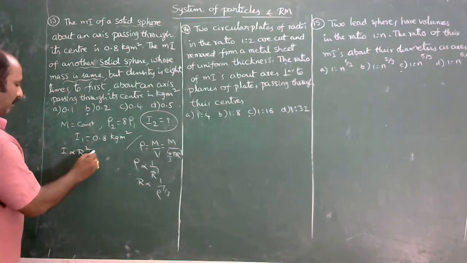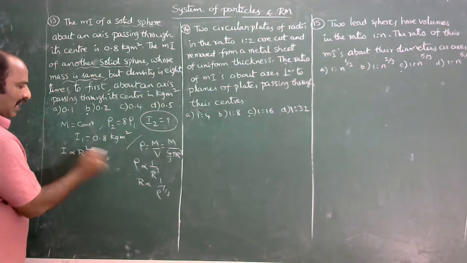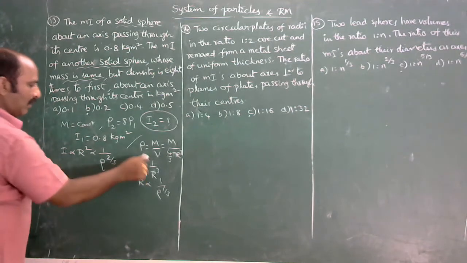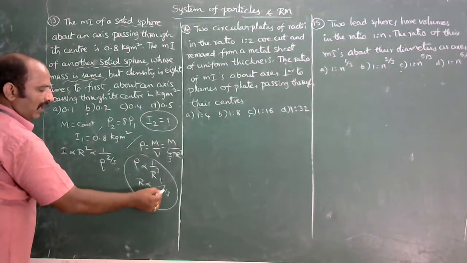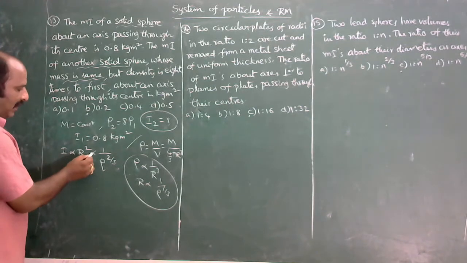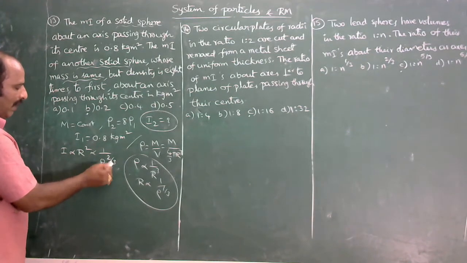Now instead of r square, write 1 by rho power 2 by 3. So I is proportional to r square, from that write 1 by rho power 2 by 3.